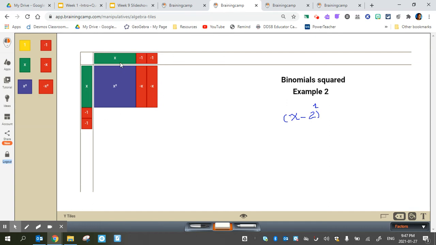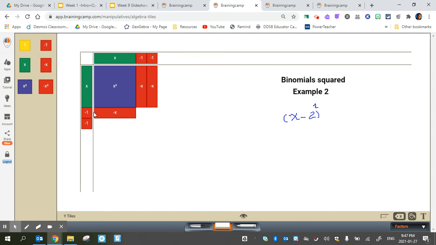And then I'm going to multiply these negative 1 by x, which is going to change the sign. So when I multiply negative 1 times x, I'm going to get a negative x. And I'm going to take it here and place it like this. I hope you can see negative 1 times x is negative x.